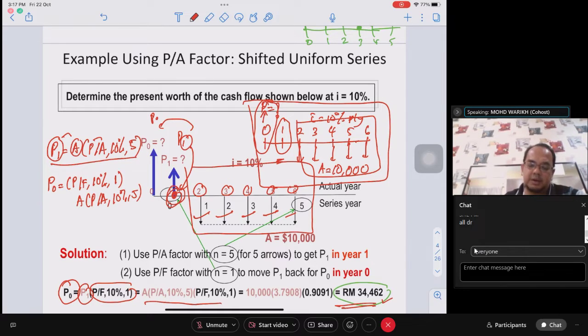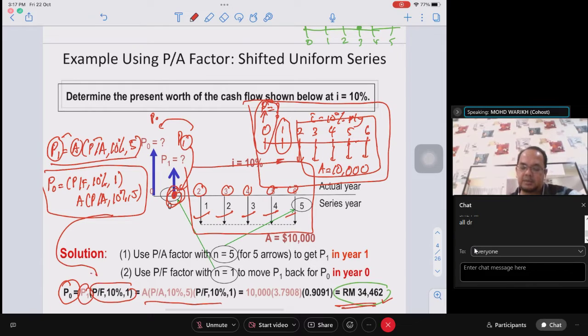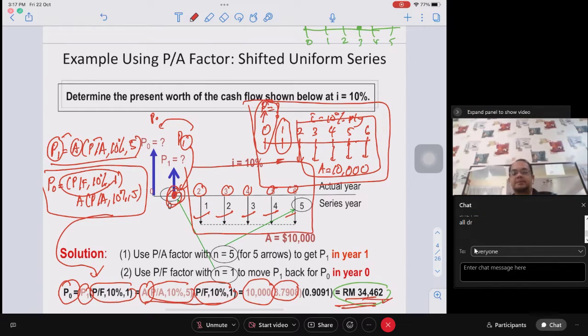Okay, from this one masukkan nilai dekat sini. Okay, mana A tadi, 10,000. Okay, PA 10,500 ni tadi. Masukkan nilai dia. And then PF1 ini adalah PF1. Masukkan nilai dapat jawapan. Faham? Faham Doktor. Thank you. Kita shifted kan dia. Shifted. So we go next.